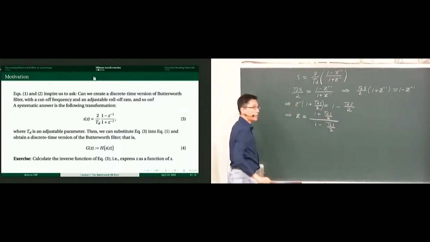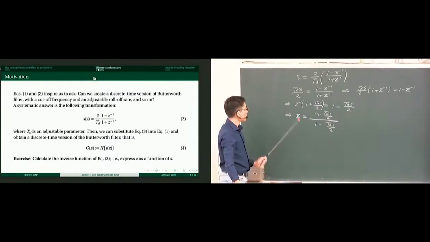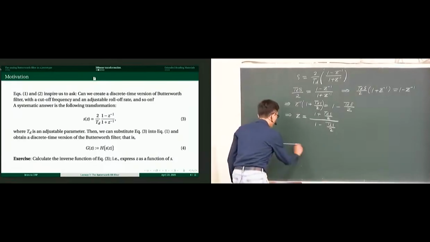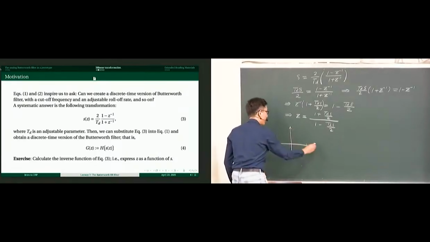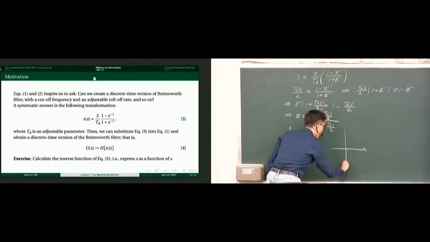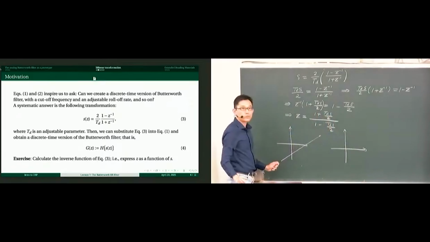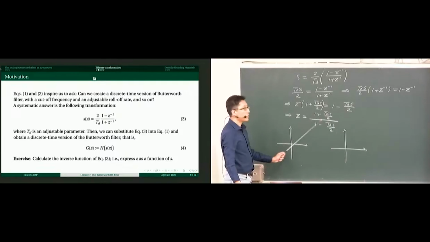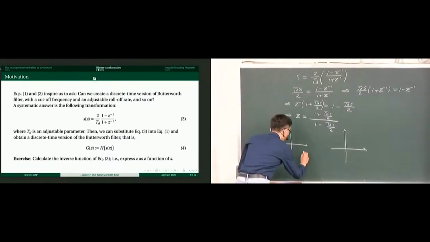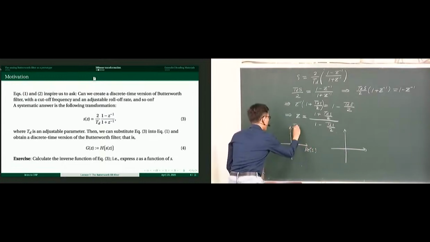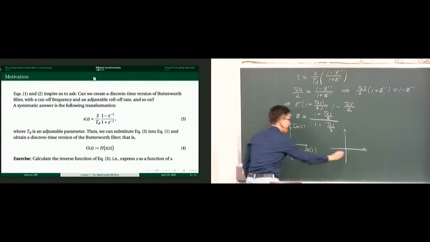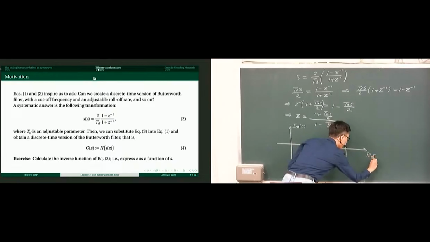Okay, so here is just a nice little quick exercise. We can also express Z as a function of S. So in general, bilinear transformation is a mapping from S domain to Z domain. And since the inverse function has been written out, we have found the inverse transformation. So this is basically a one-to-one mapping between the S plane, real S, imaginary S, between S domain and Z domain.